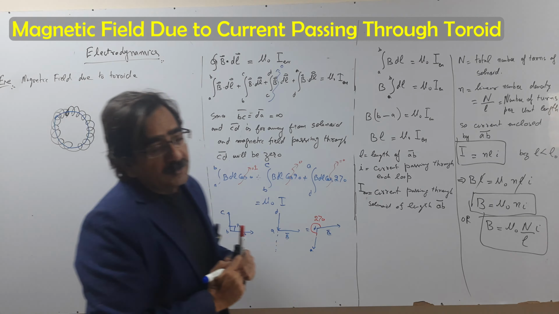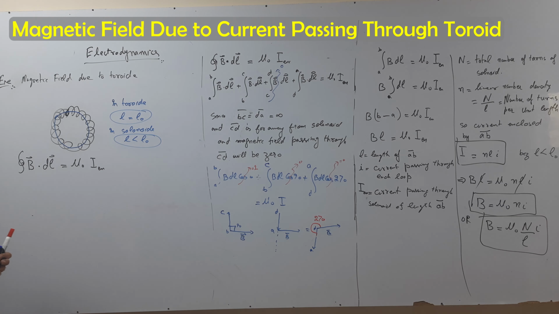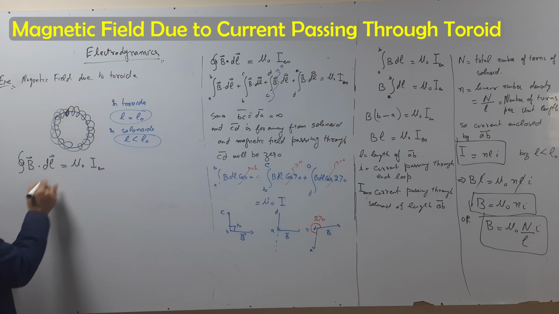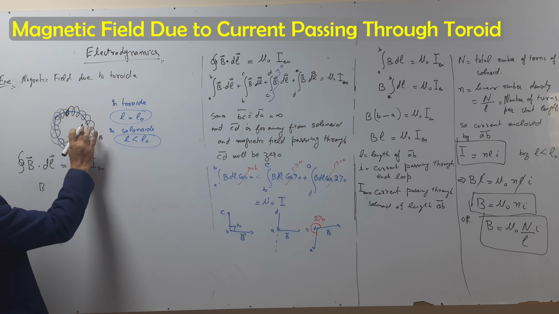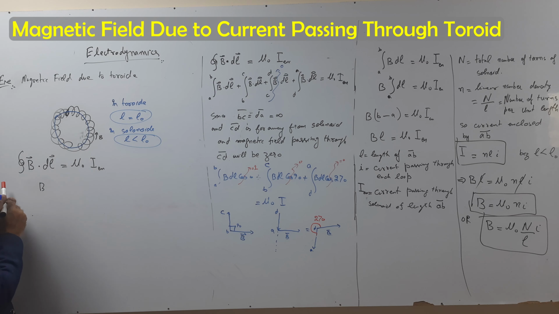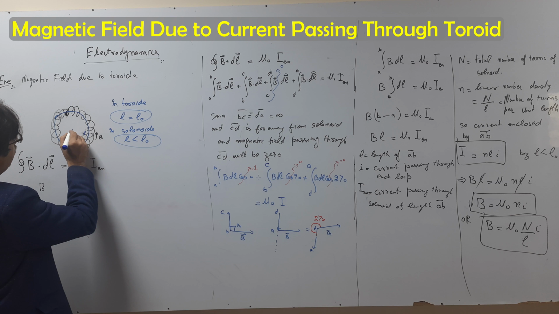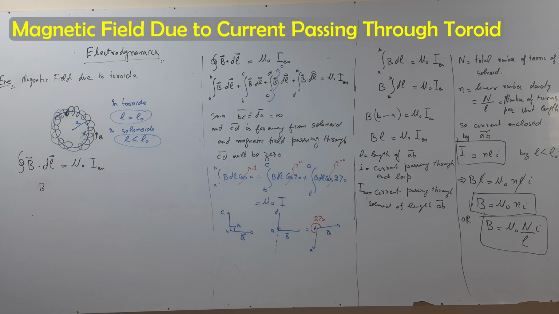So we know that the integral of B dot dl along the closed line will be mu naught times the current enclosed, because B is also along this L, and the distance r is constant.